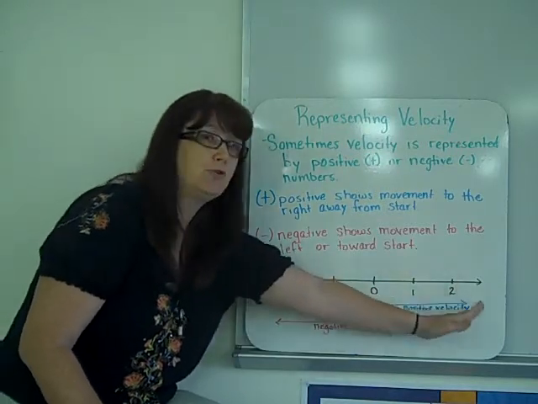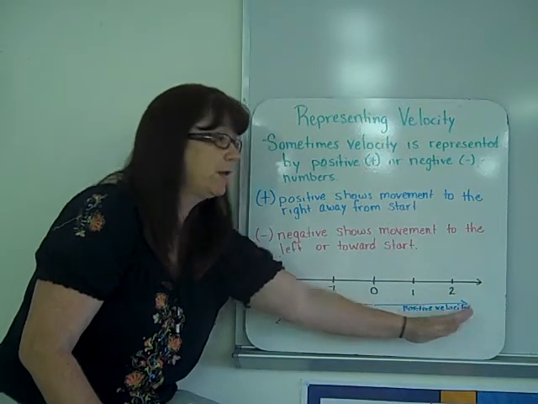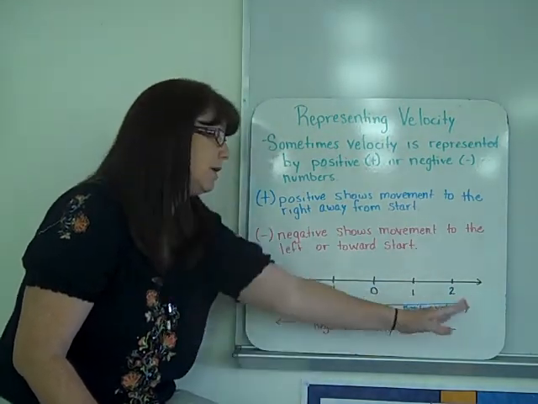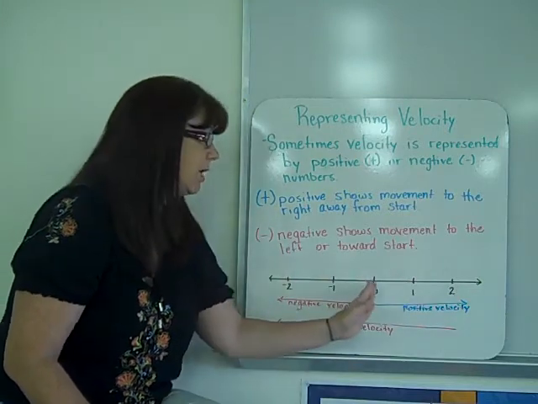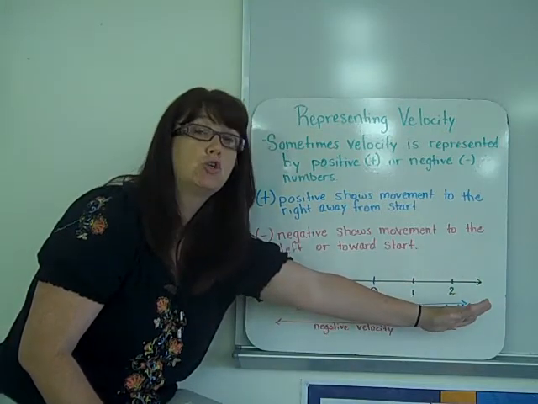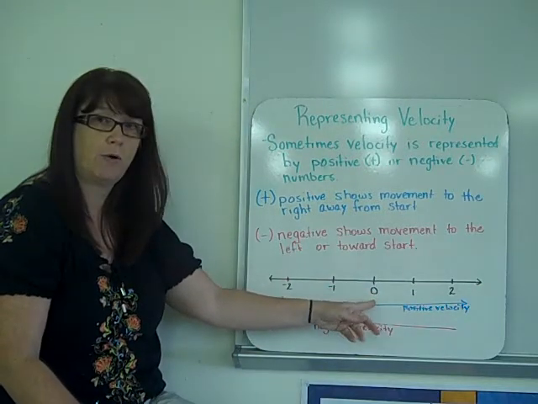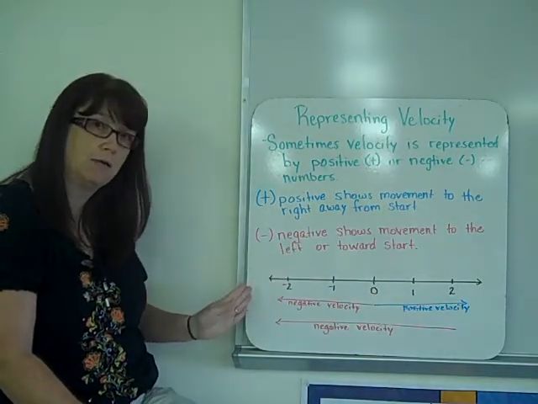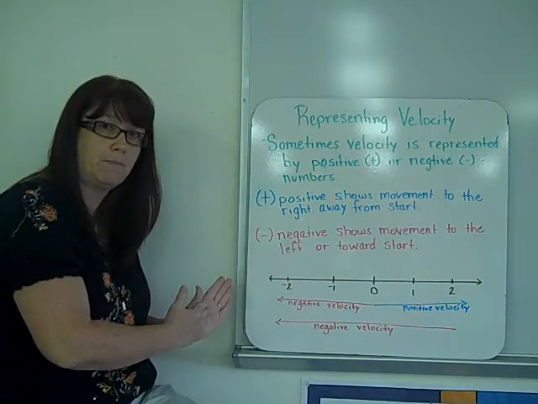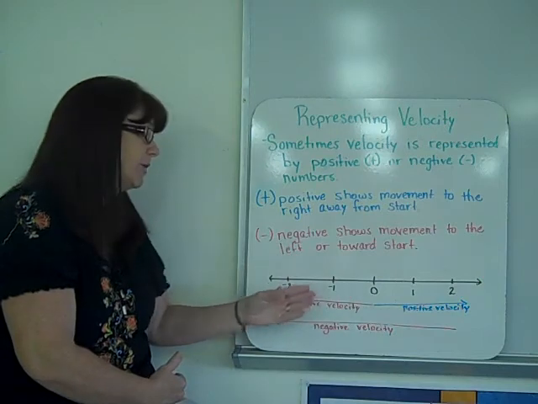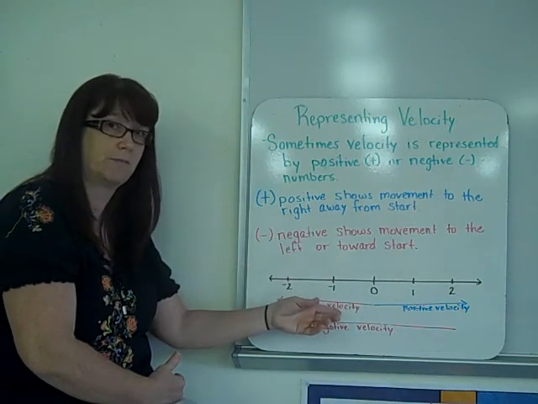If we move to the right or in a positive number on the number line, we're moving in a positive velocity. We're moving away from start to the right. If we are at the starting point and we go behind or away from the starting point, or we move to the left, then we are moving at a negative velocity.